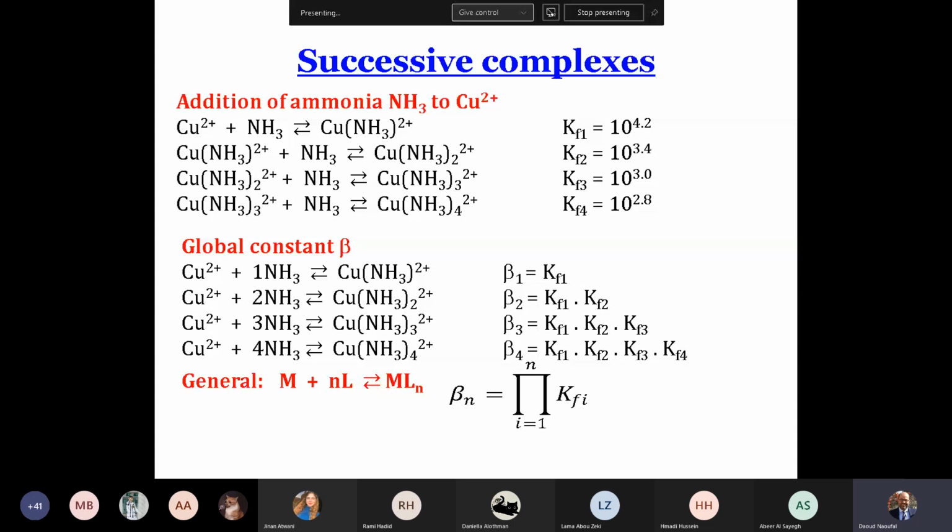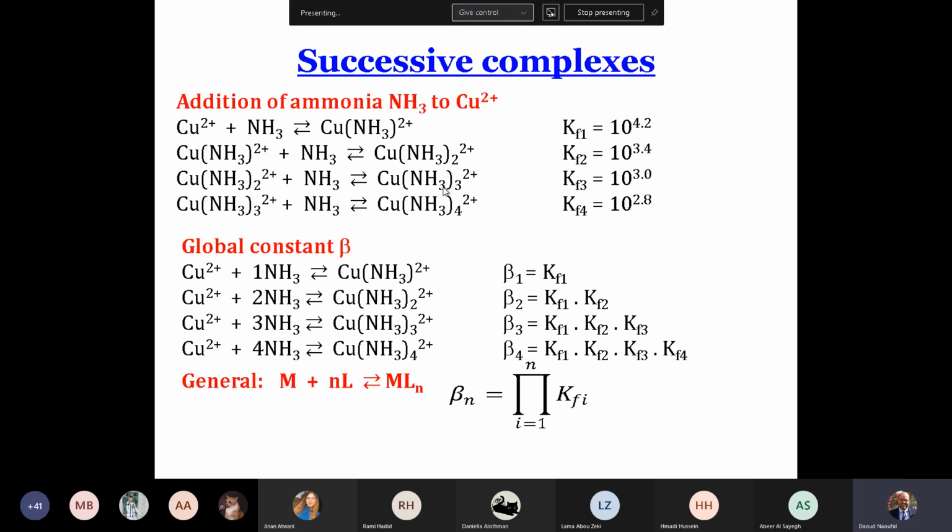So what is the coordination number? Suppose in this figure, you have a complex given Cu(NH3)4 2 plus. That means around Cu we have 4 ligands. So the coordination number is the number of bonds between the metal and the ligand.